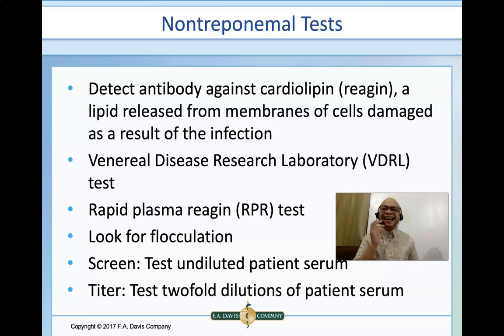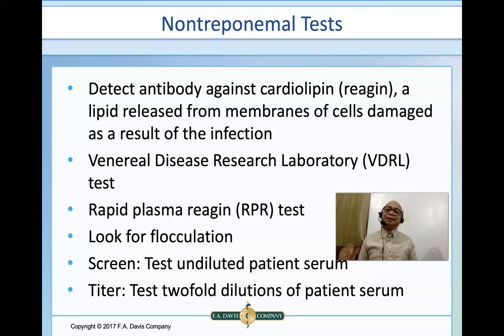The classic non-treponemal test is known as the VDRL, Venereal Disease Research Laboratory. This may not be popular unless you are using the latex modification, because the classic VDRL requires inactivation of patient serum, which means you have to heat the serum at 56 degrees for 30 minutes.